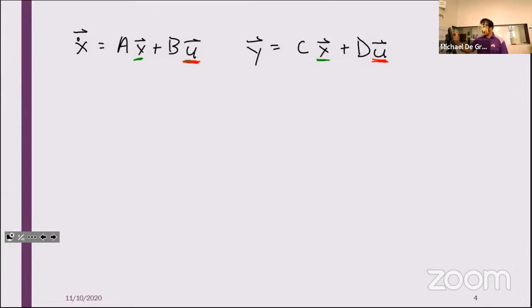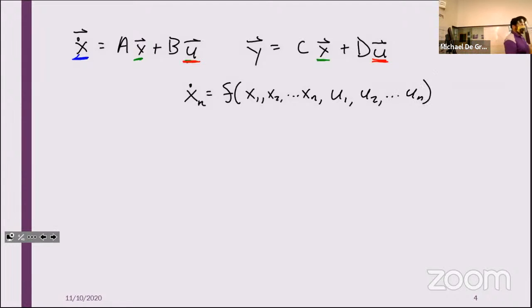Okay, x dot is just the time derivative of my state vector x. So if I have x1, x2, x3, then I get x dot 1, x dot 2, x dot 3. So what are we trying to do? In essence, we want to create some generic equation for x dot that is a function of nothing but my state variables and my inputs.